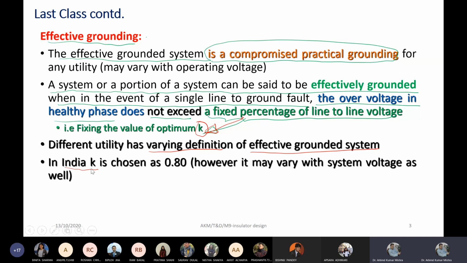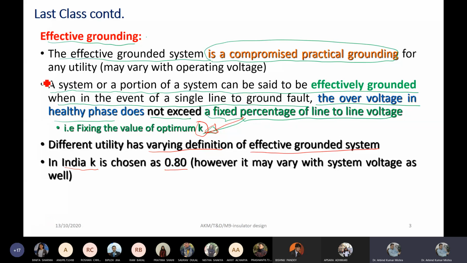In India, we follow the standards, and for the definition of the effective grounding system, Indians use the value of K as 0.8. That is why in many books written by Indians, the effective grounding system is defined as one for which the healthy phase voltage in case of single line to ground fault is 80% of the line to line voltage.